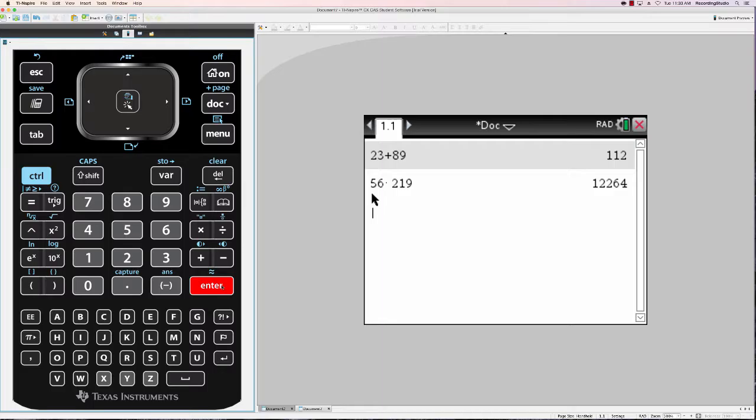Suppose we wanted to divide. Let's divide 256 divided by 32 and press Enter to get the result. What happens if I do 256 divided by 31?